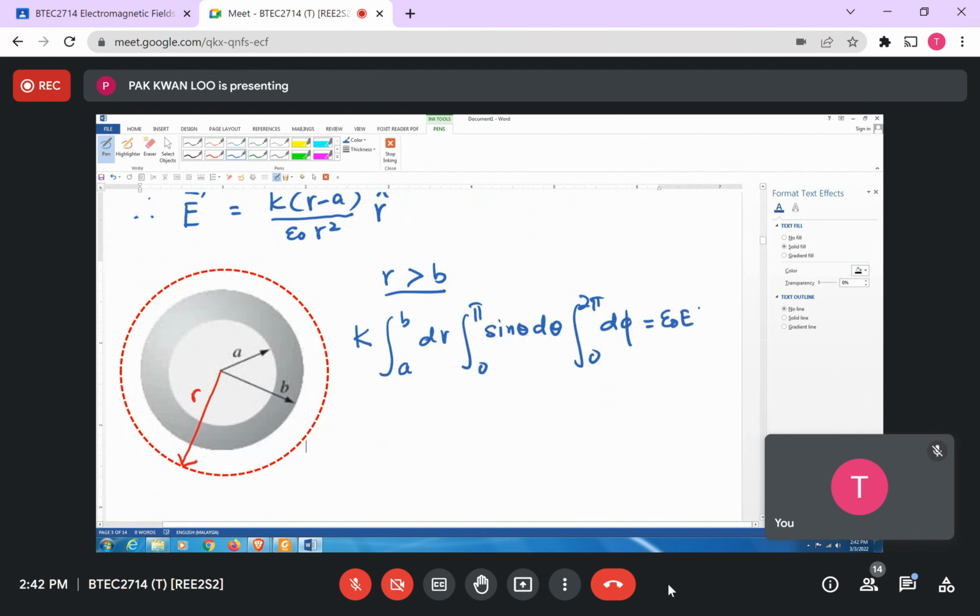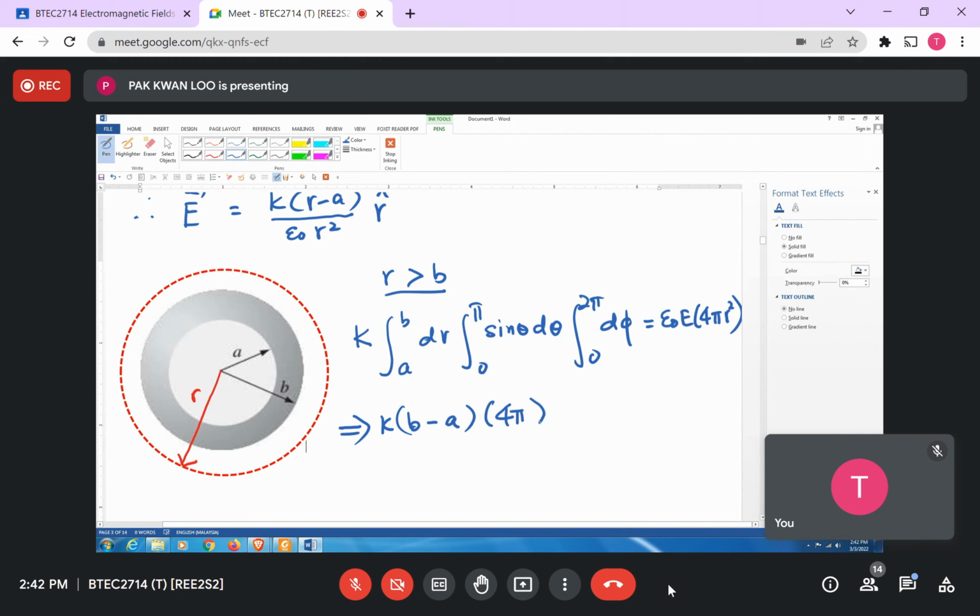Which equals epsilon naught E times 4 pi R squared. So this is B minus A, times K, coming from the integral with respect to dr, and sine theta d theta d phi gives an overall contribution of 4 pi.